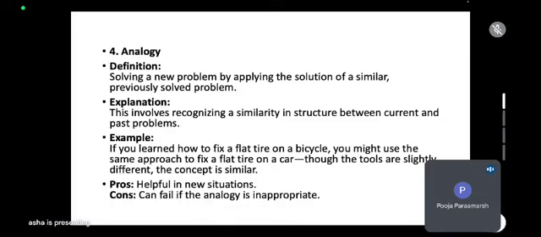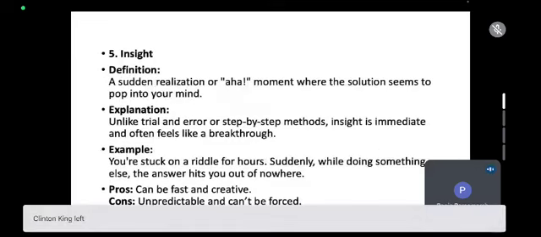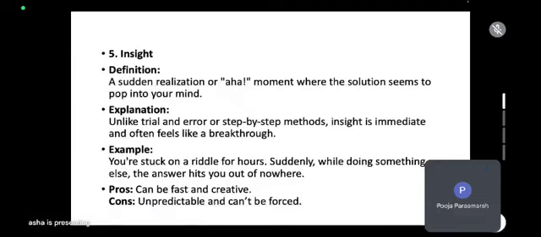Then the next one is insight. Insight is a sudden realization, like intuition, as I said, the moment where the solution seems to pop into your mind, like you knew, it's something like I knew that. It happens with most children when they write exams.